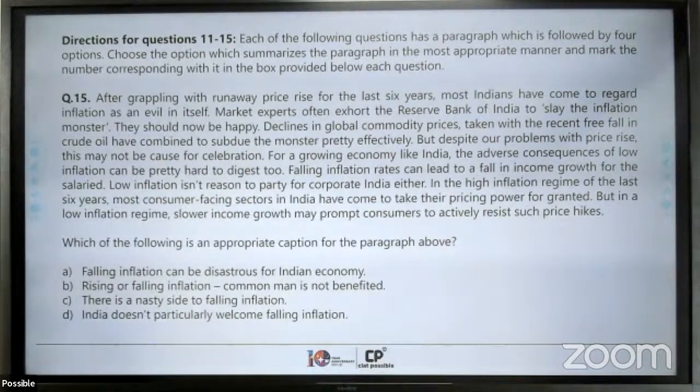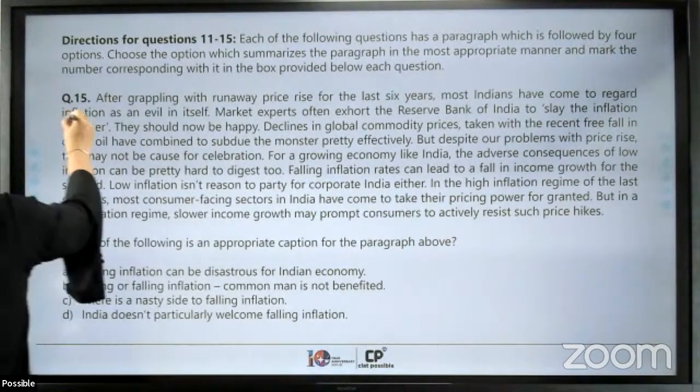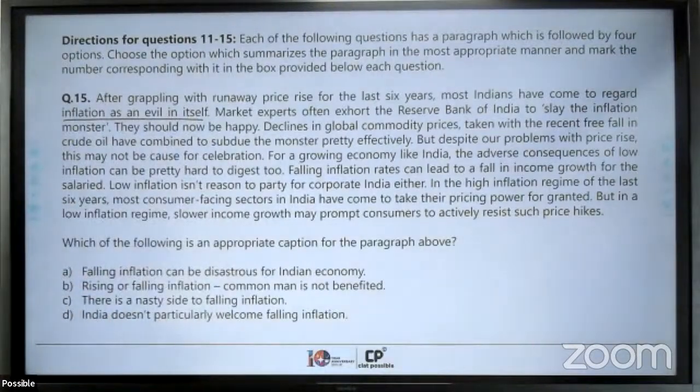For your 15th question, he's talking about most Indians have come to regard inflation as an evil in itself. Market experts often exhort the Reserve Bank of India to slay the inflation monster. So if you look at it, the crux is saying falling inflation can have a negative side also.